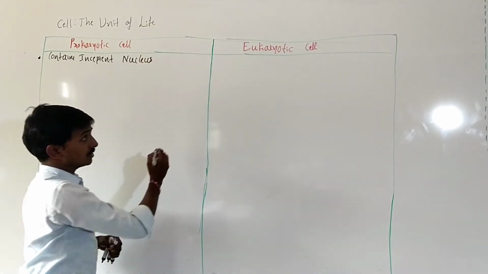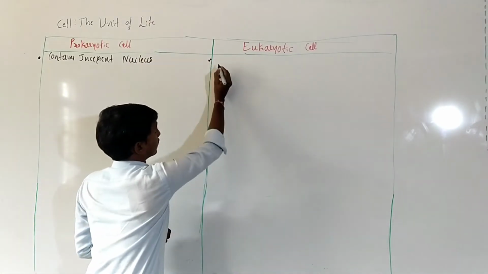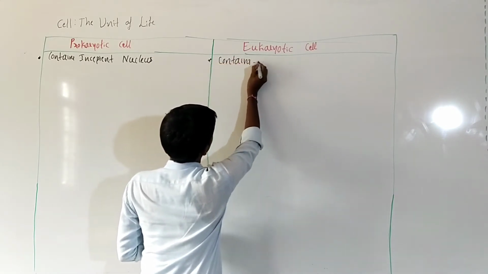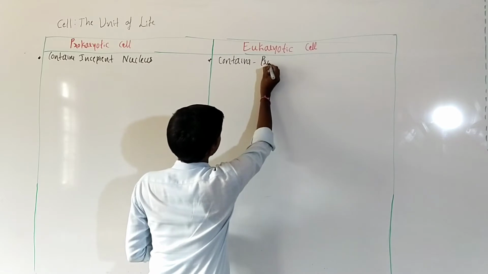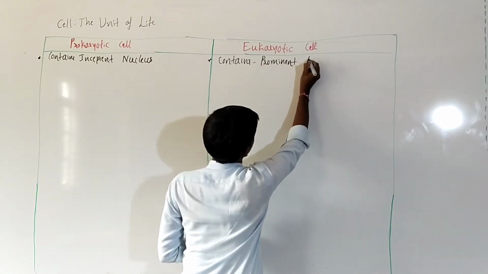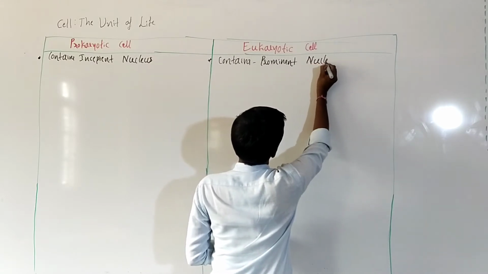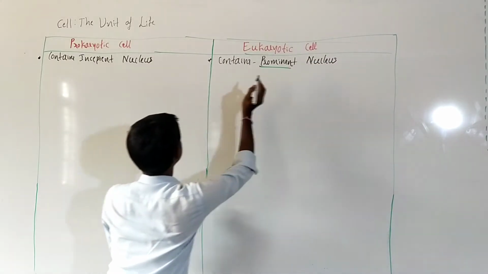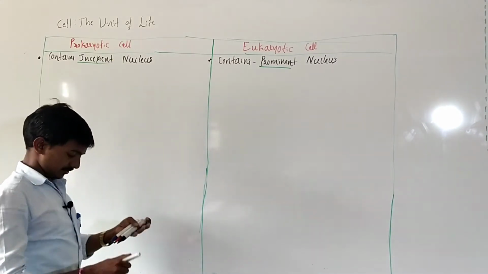In contrast, the eukaryotic cell contains a prominent nucleus.